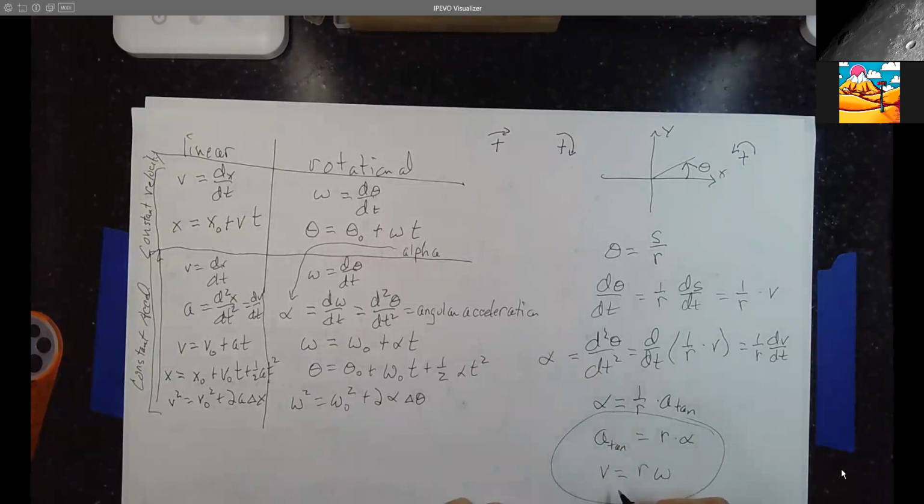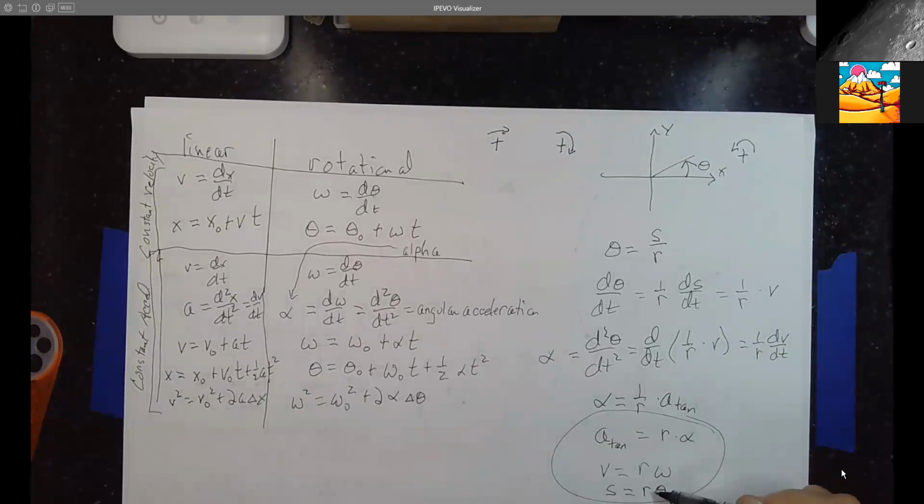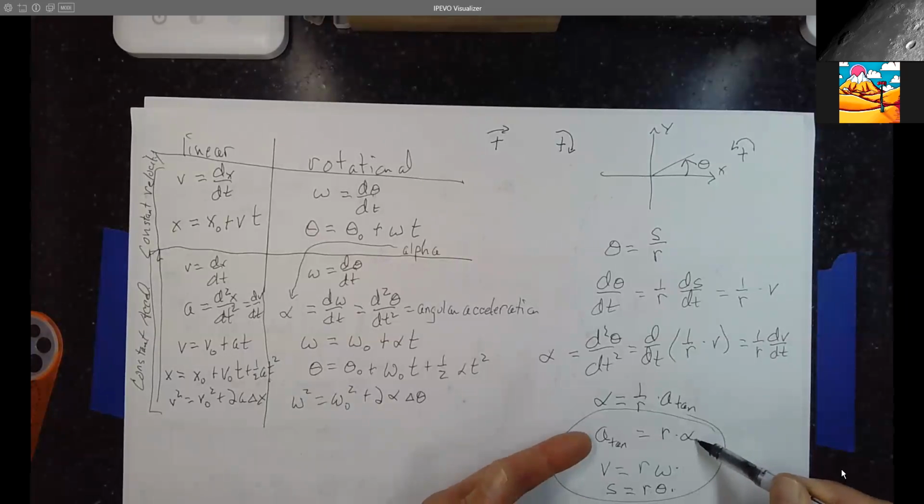And we could also say that S is equal to r theta as well. So working from this one up, you start with the definition of radian measure, take the time derivative of both sides, and you get to this. Take the time derivative of both sides, and you get to this.